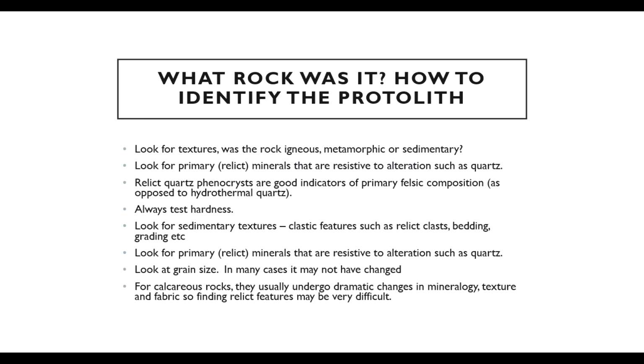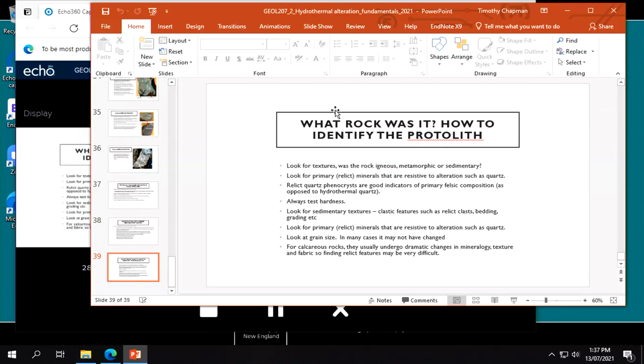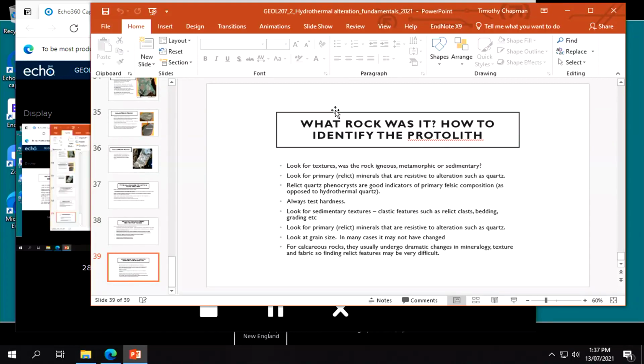So that's all I wanted to go through, but there's a few examples here we can discuss. Some of these are fairly obvious. If there's the fresh rock, here's an altered rock.